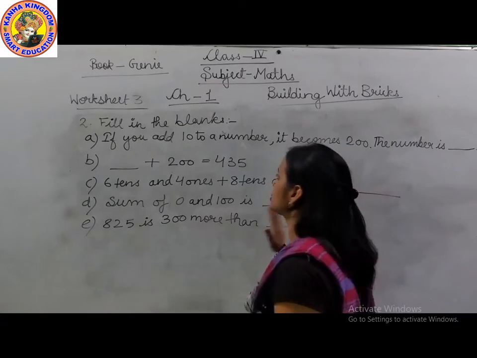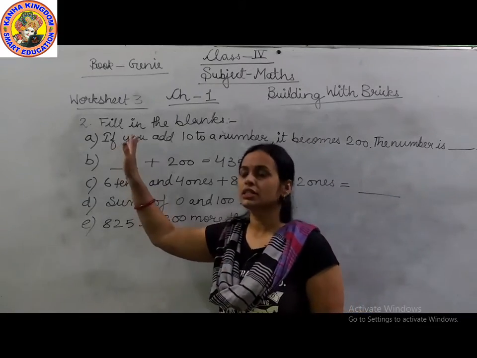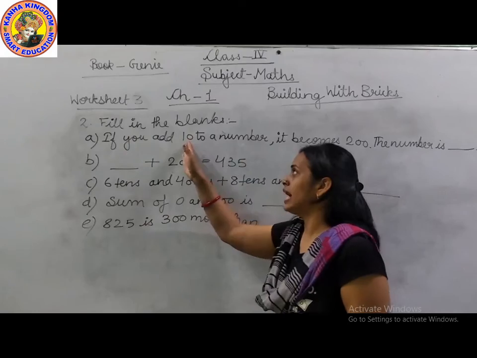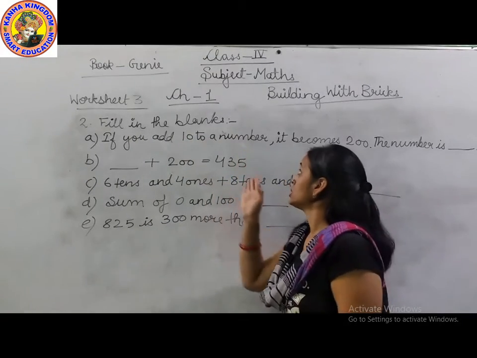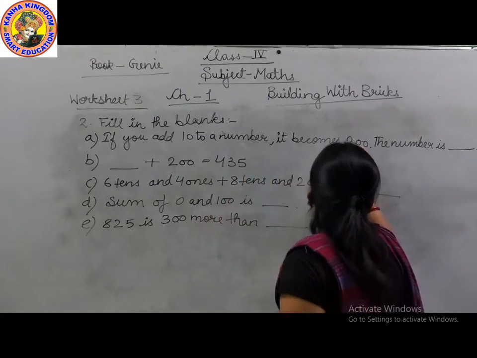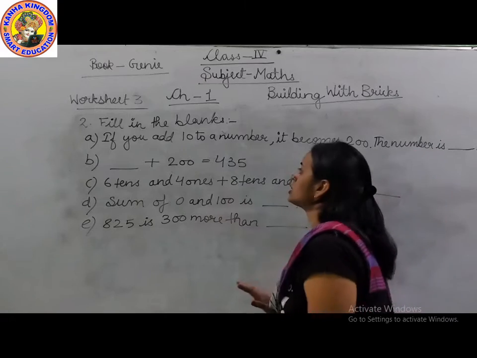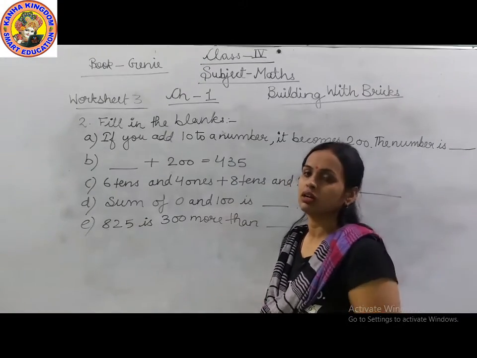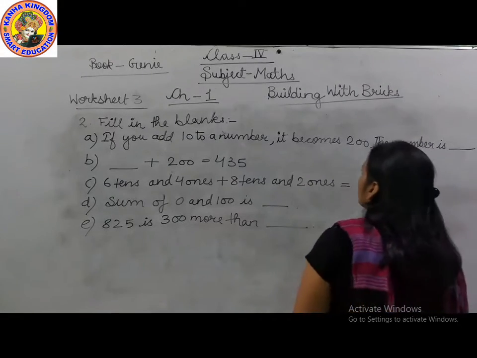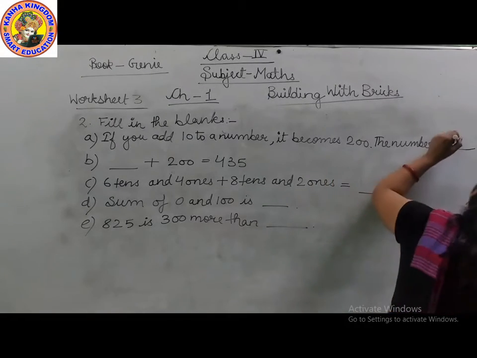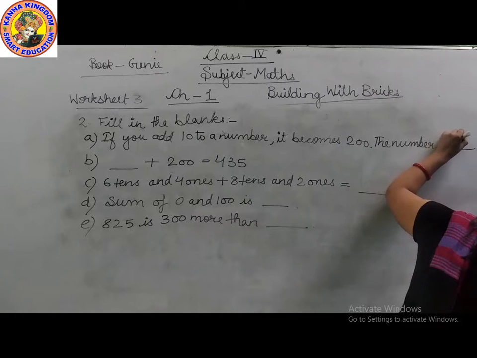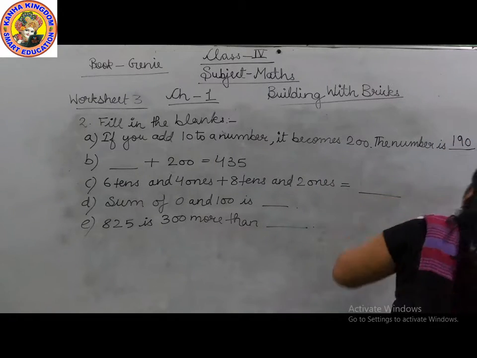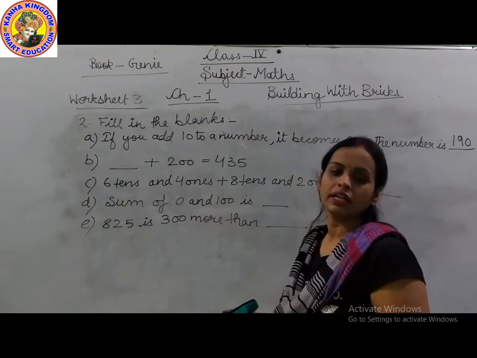The number is, so which number do we add 10 to, to get 200? 190. The number is 190.